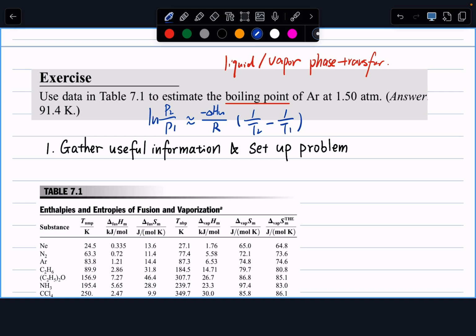Then I read the thermodynamic table provided to see what I know. For example, this question is asking for the boiling point at 1.5 atm. So let me call this the boiling point, T_BP or T2, at P2 equals 1.5 atm.